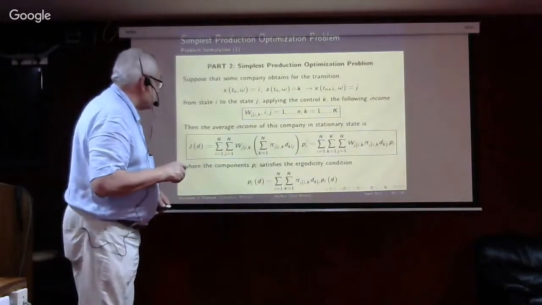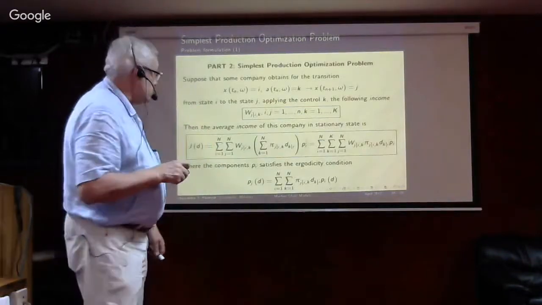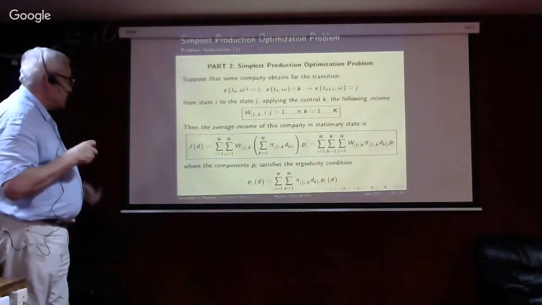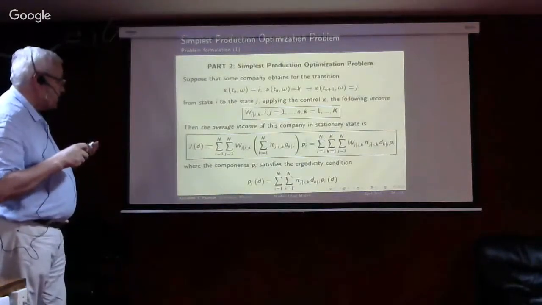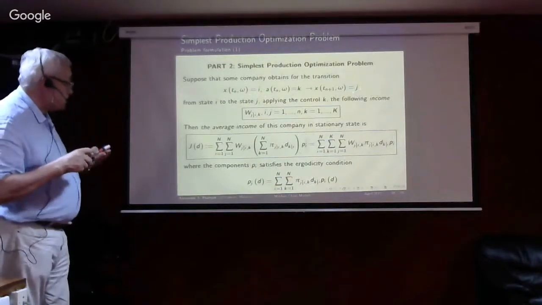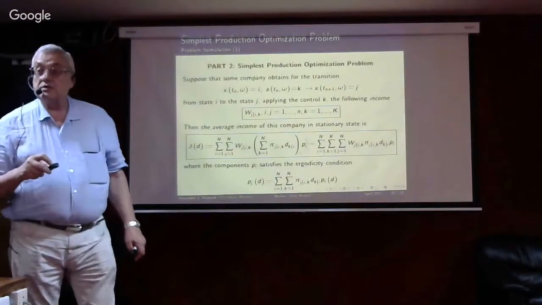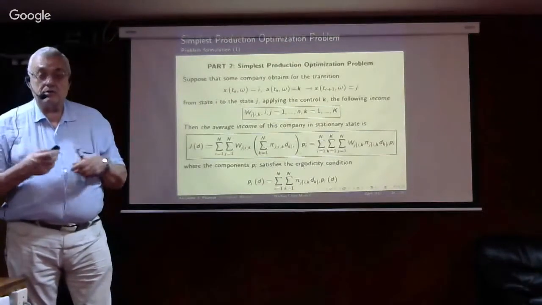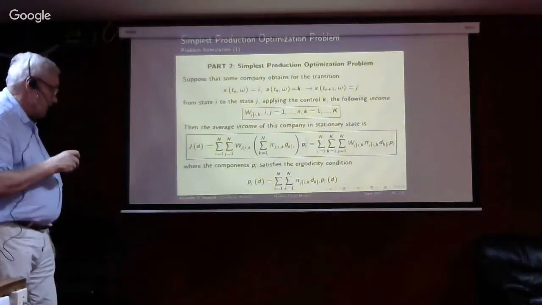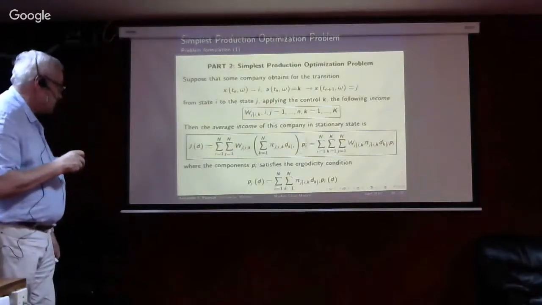Now a simple example: how to describe the simplest production optimization problem. Suppose that by applying strategy K, we realize a transition from state E to state G. For this, we can obtain some income. This is income, the money which we can win. Maybe it is treated afterwards as a penalty, but we will treat it as income.